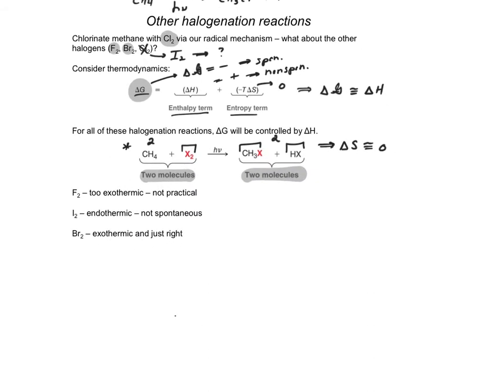And again, we talked about how we can either calculate delta H or estimate delta H given bond energies, right? In chapter 6, we dealt with calculating delta H from bond energies.